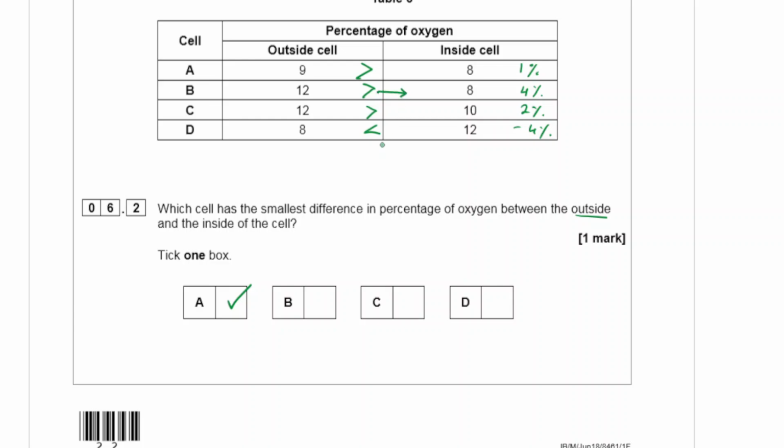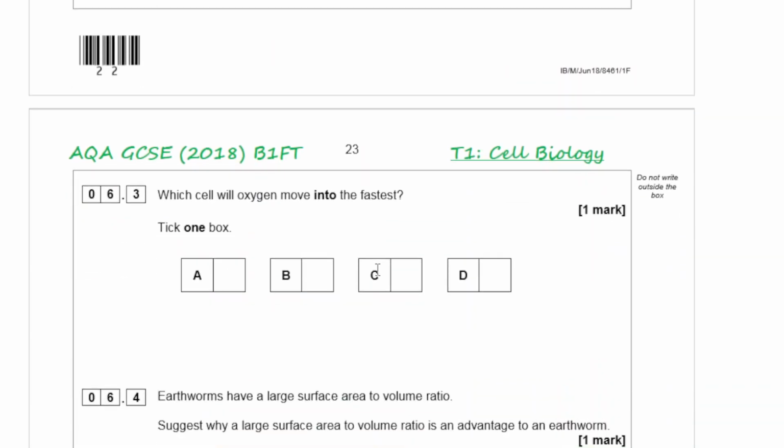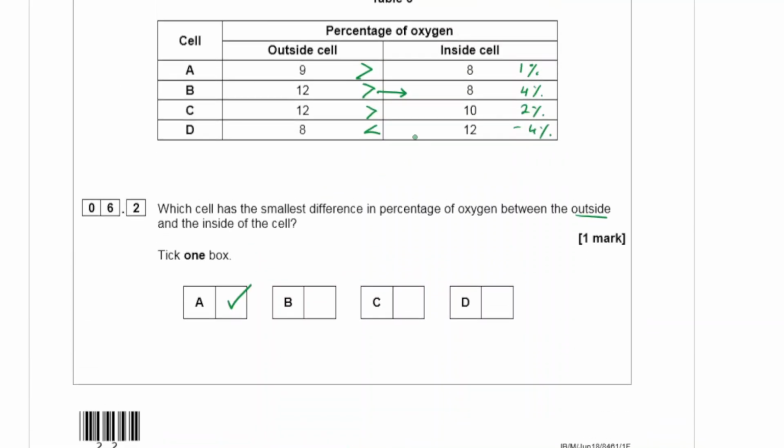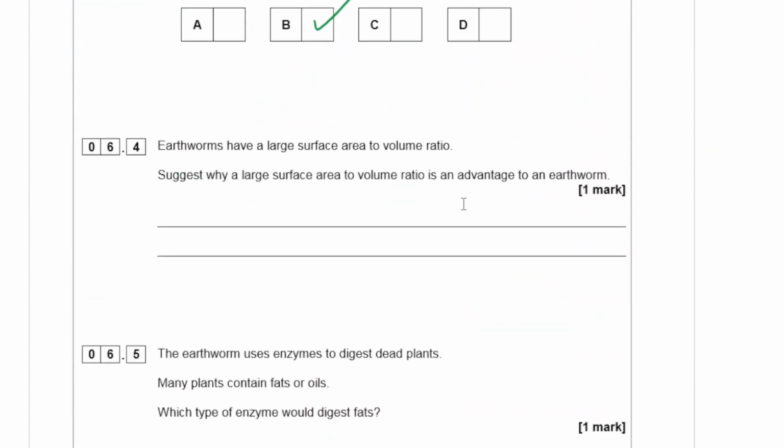So it's going to move much more into cell B. The reason I haven't chosen D is because oxygen will actually move out of the cell, in the opposite direction. Earthworms have a large surface area to volume ratio. Suggest why a large surface area to volume ratio is an advantage for an earthworm. If it has a large surface area compared to its volume, then it can absorb.